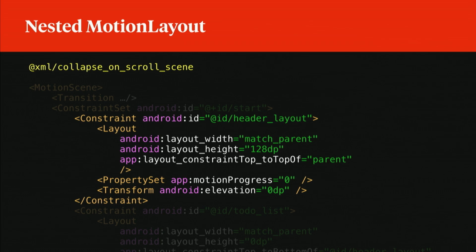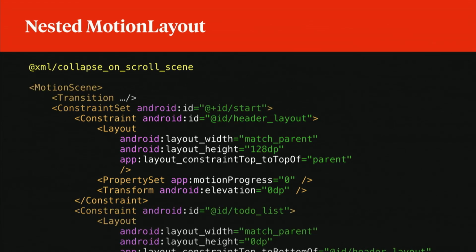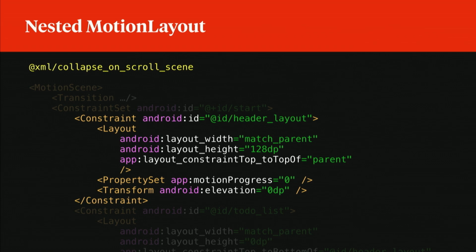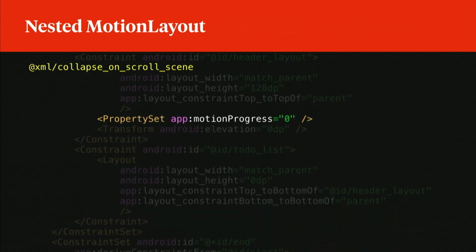Looking back at the parent, I want to show you exactly how you get the progress of the parent down to the child. So if we look at the constraint for the header layout and its start, again have very much similar things, except there's this one new line that says property set motion progress. I said I'd be coming back to this later. Right now it's setting it to 0.